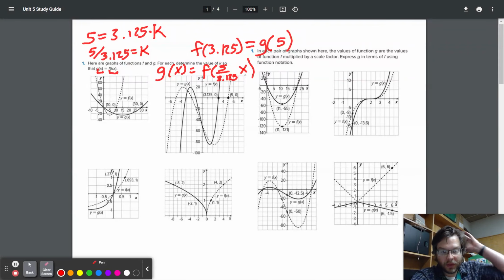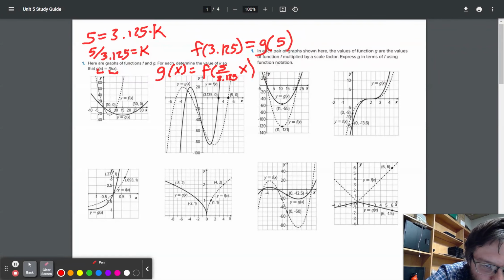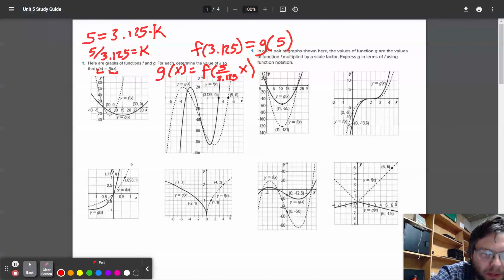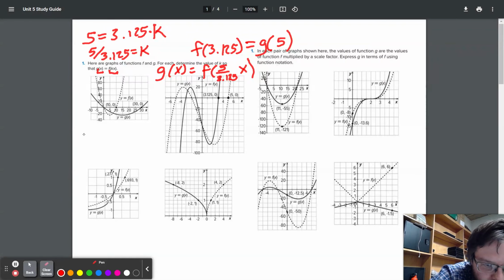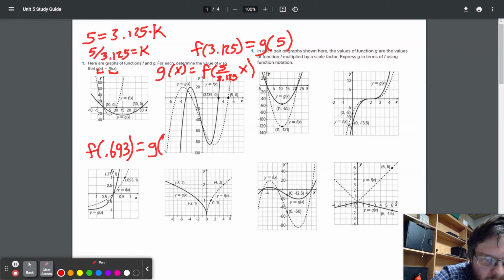All right. Then going down and to the right here, we have these points that were given. F of x is the dotted line here. They keep switching it around, that's kind of confusing. So f of x is the dotted line here. So I know that f of 0.693 is equal to g of 0.277.